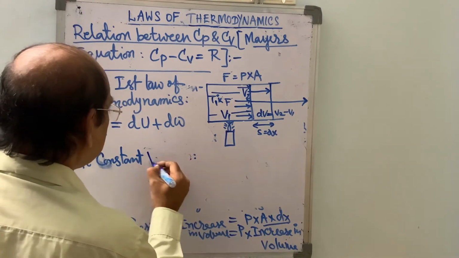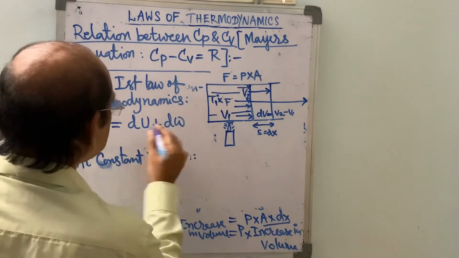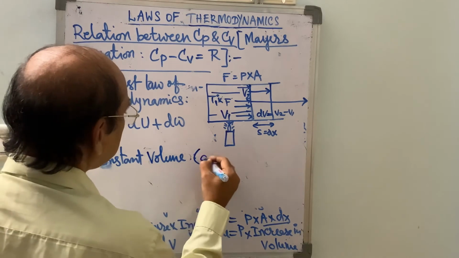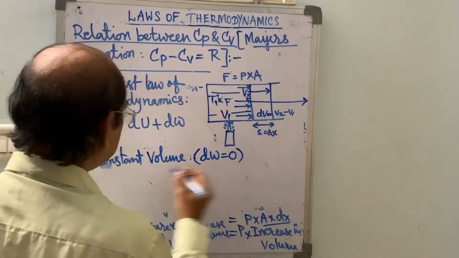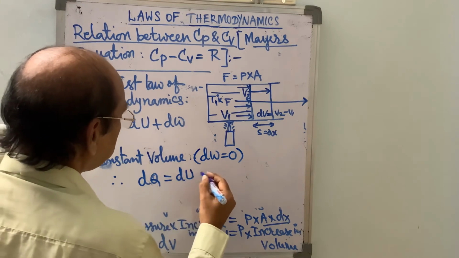First we consider constant volume. In this case dW is equal to zero, there is no displacement, therefore dQ is equal to du.